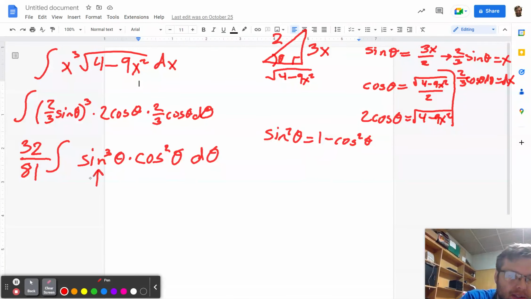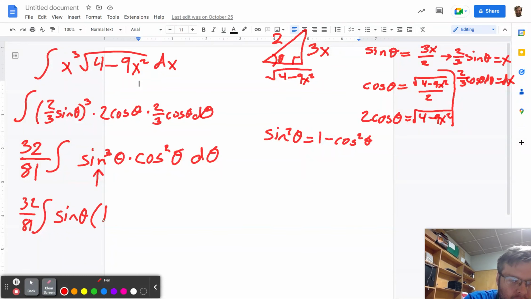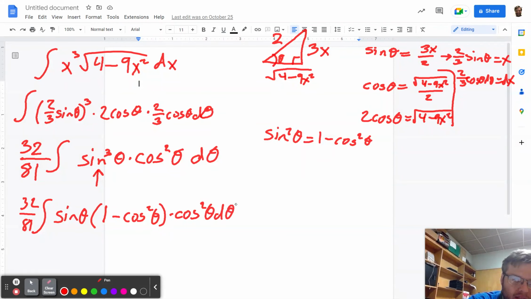So I'm going to break this apart to be sine theta times 1 minus cosine squared theta, because if I take one of the sine thetas out, there's a sine squared left over. And then I have another cosine squared theta d theta.